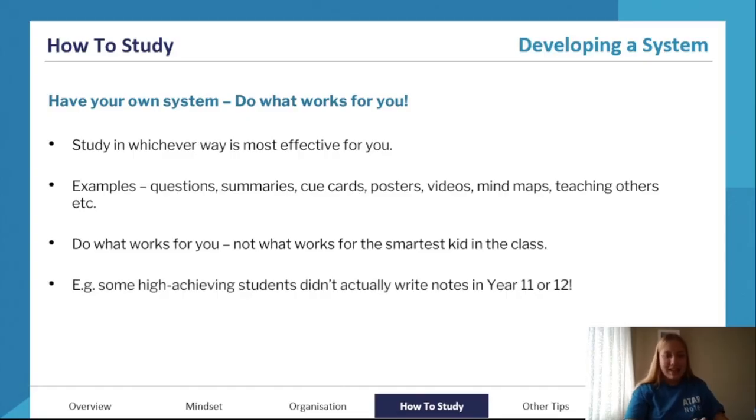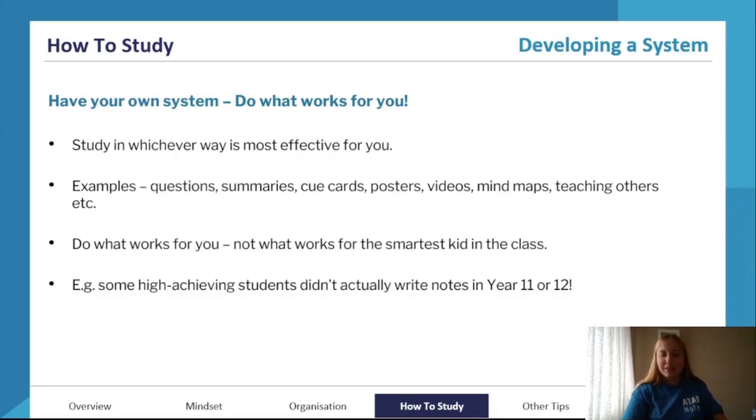So, an example, some high achieving students didn't even write notes in year 11 or 12. And they still achieved very high scores. So obviously that shows that different methods work for different people. Some people might be fine and might do great just from studying from a textbook.